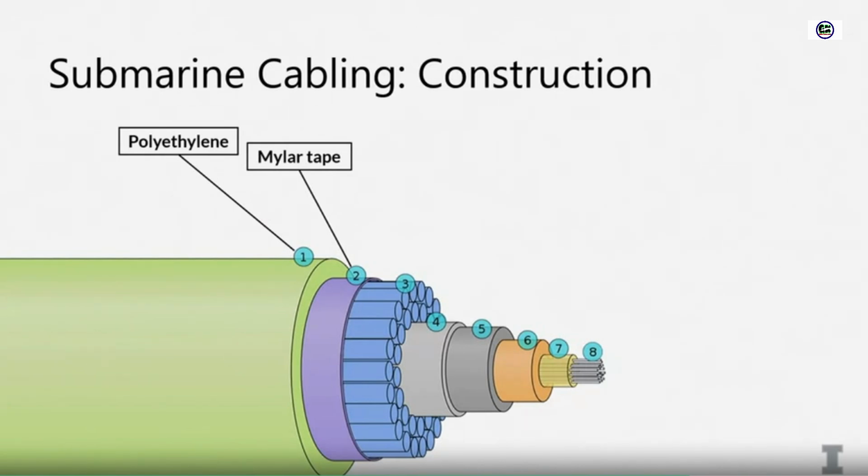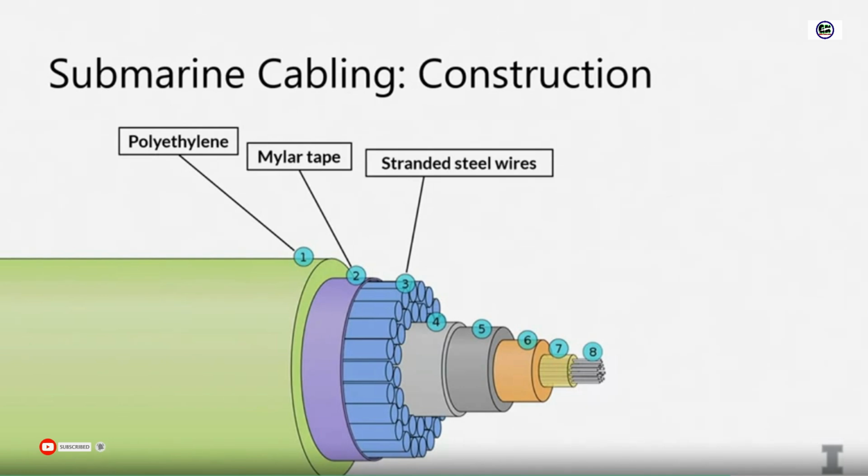And the goal of these is to provide a waterproof barrier. We want to prevent water from getting inside the cable, corroding various other elements that are lower down inside. And so these are good things to have on the outside to protect against water. But they won't protect against something crushing the cable, something biting on the cable, pieces of metal falling on the cable. For that, we have a layer of armor next.